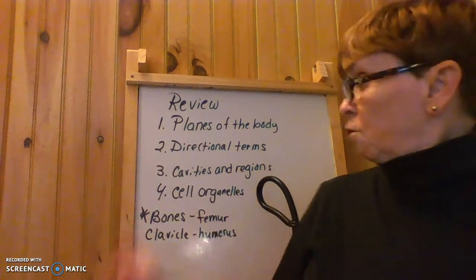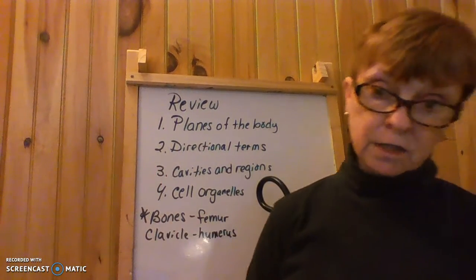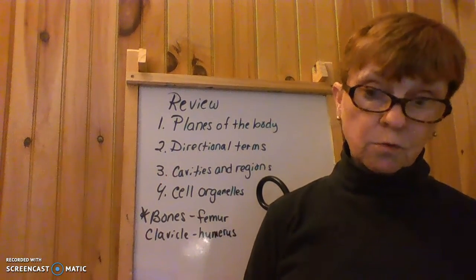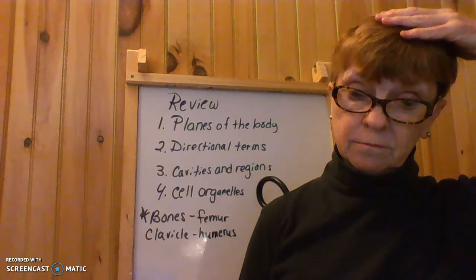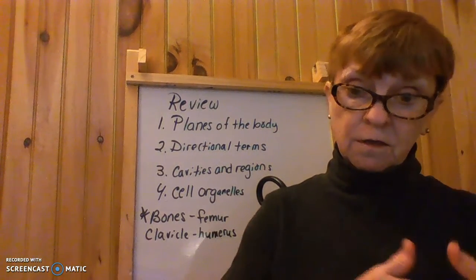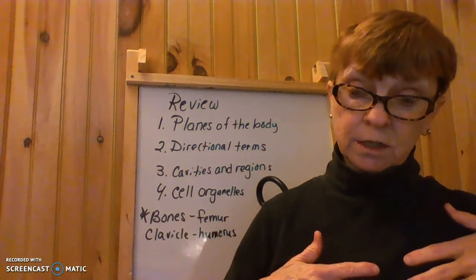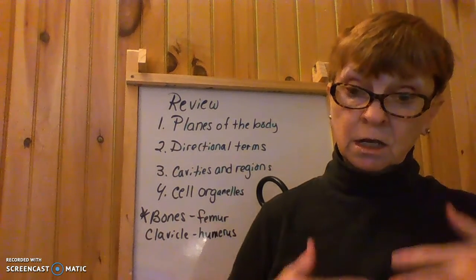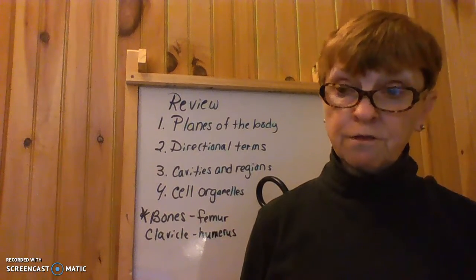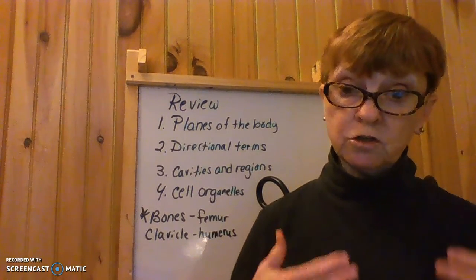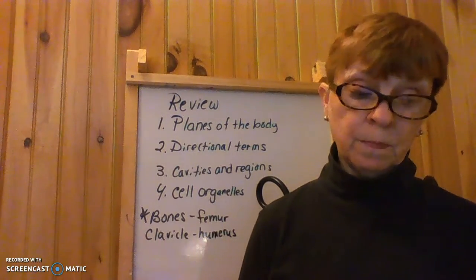And then we want to go over our cavities and our regions. So the cavities in the body are the cranial cavity, then the chest, where the rib cage is, the thoracic cavity. And during the Screencastify in my previous lesson, I went over that the thoracic surgeon deals with chest cavity issues.